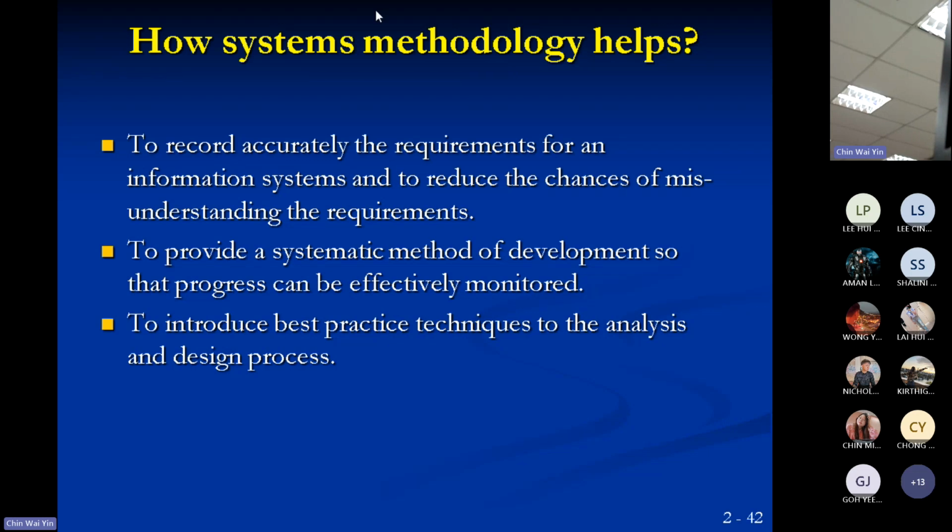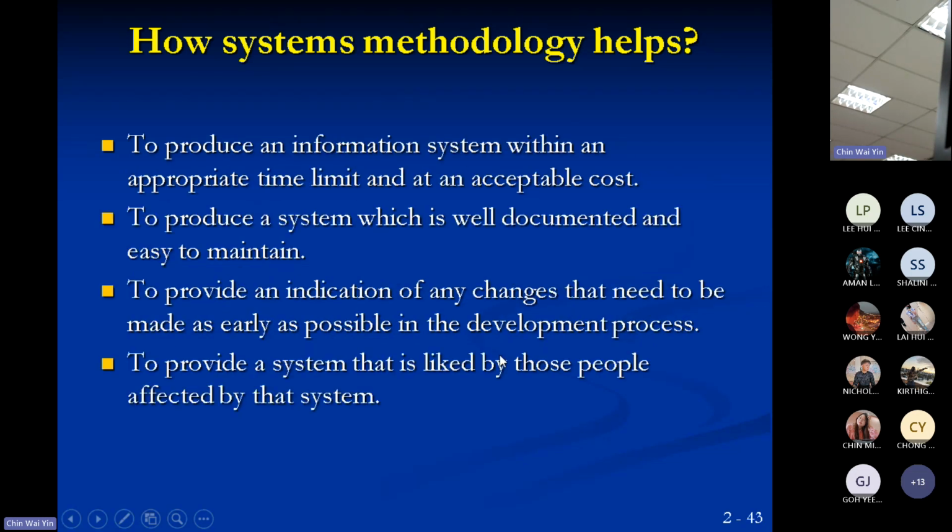That's why we need systems methodology. That's why it helps, also to ensure the system developed meets the requirements within budget, within the set time, and also meets the requirements of the users, and also provides an indication of changes.